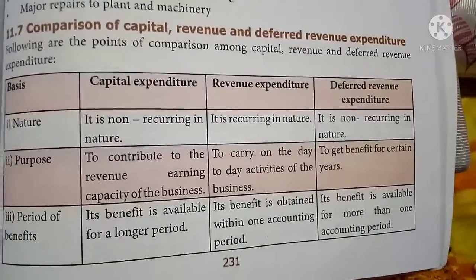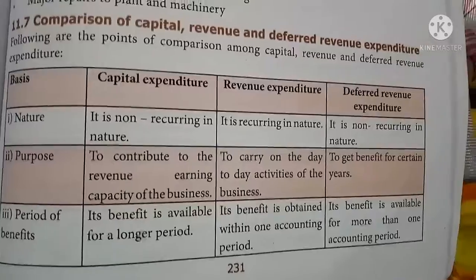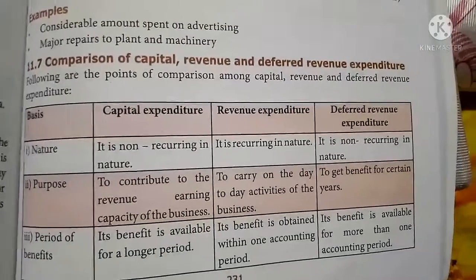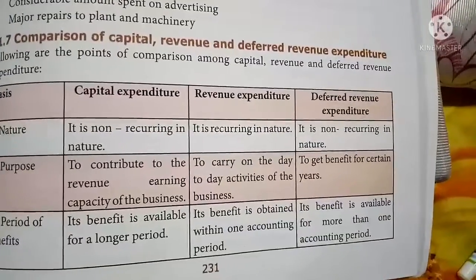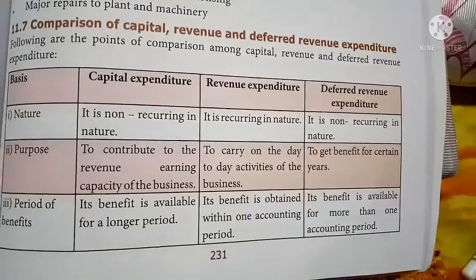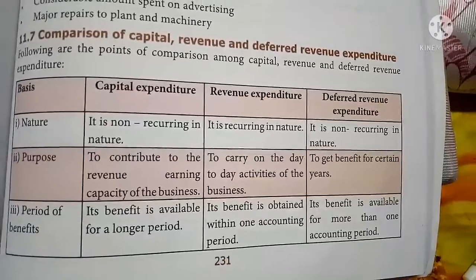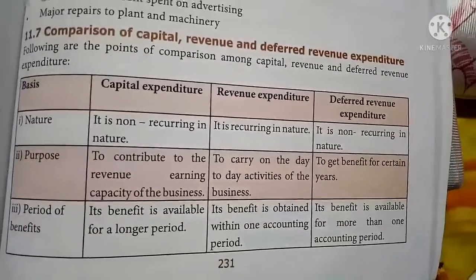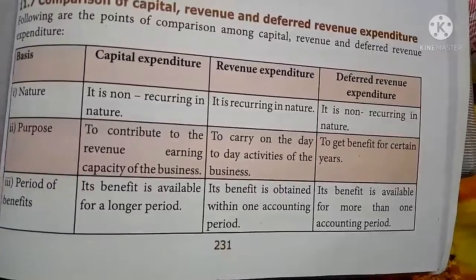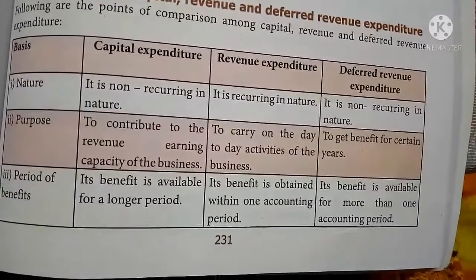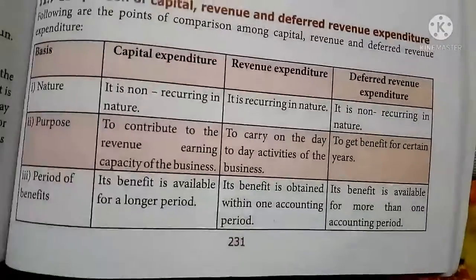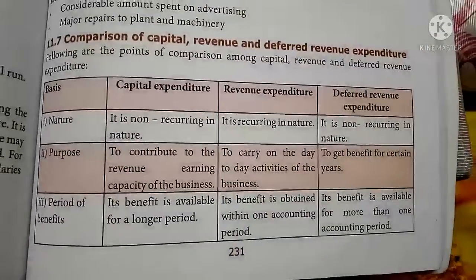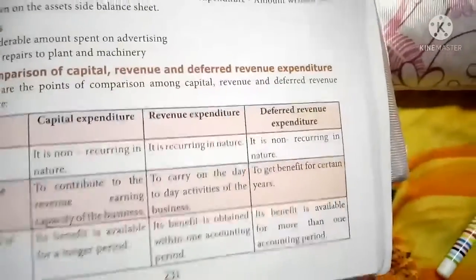Period of benefit. In the case of capital expenditure, the benefit will be available for a long period. But with revenue expenditure, we can have the benefit only in the current period itself. In the case of deferred, we have some benefit for several years, more than one year.